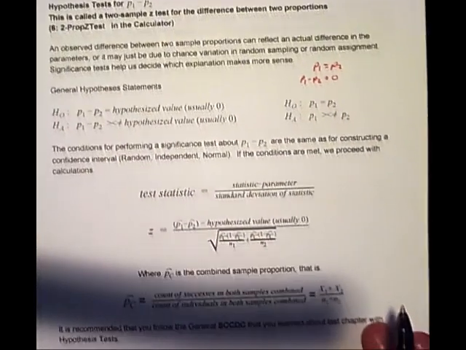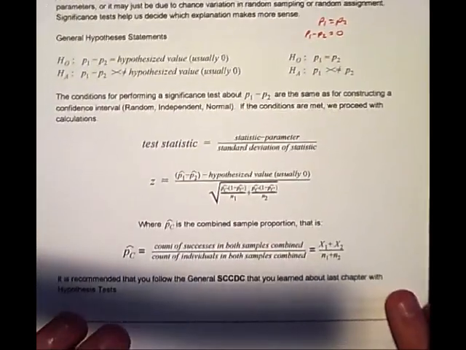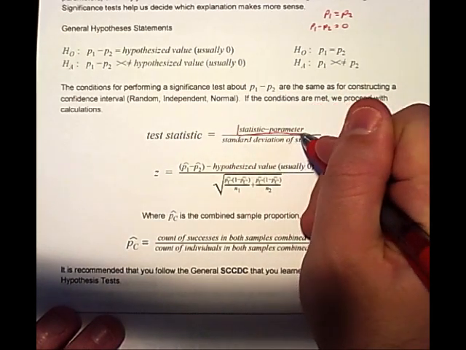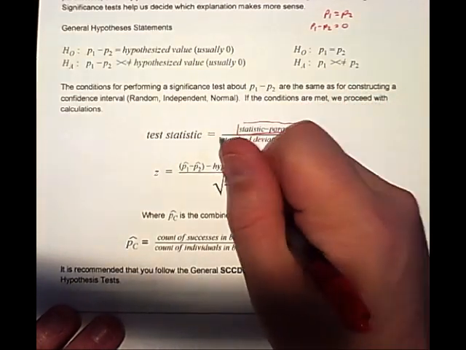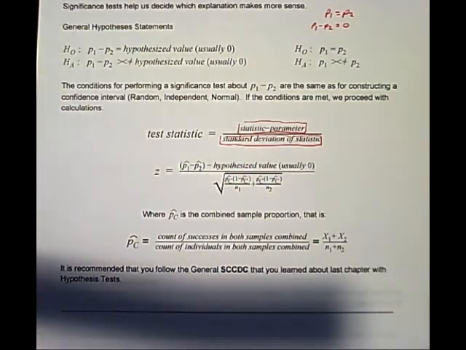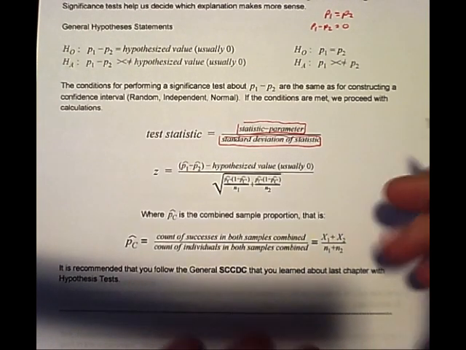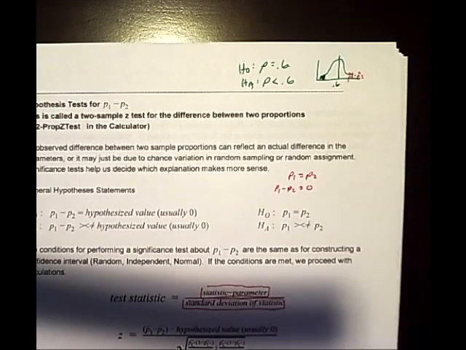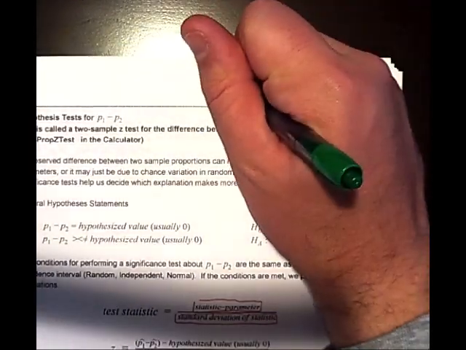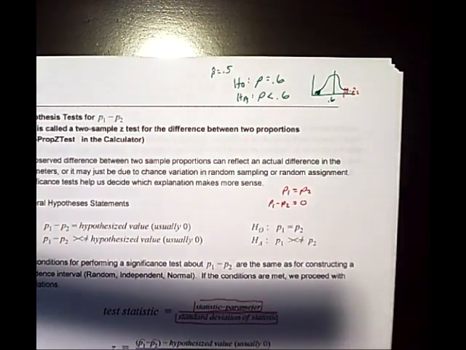So just like before when we calculated a test statistic, all right, we take our statistic minus our parameter over the standard deviation of the statistic. Now, how is this different in one sample? In one sample, all right, for instance, let's say over here we got a p-hat of 0.5, for instance.